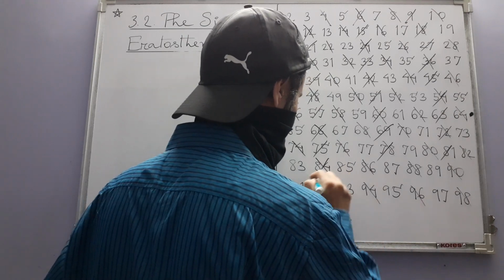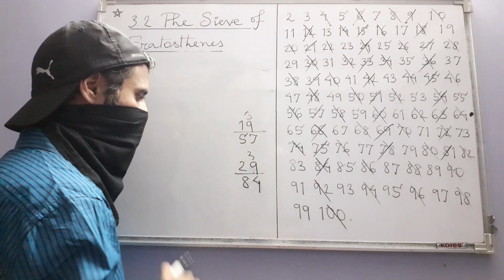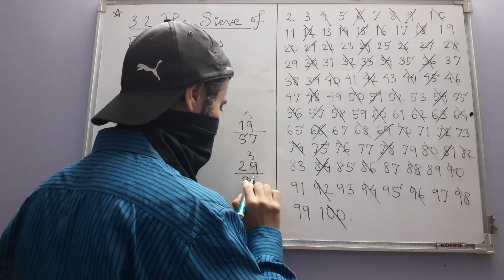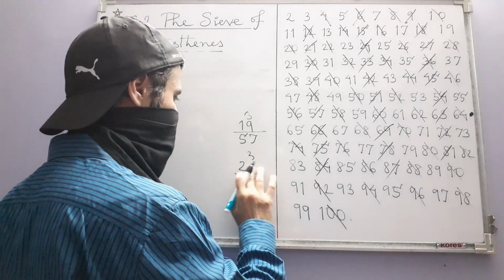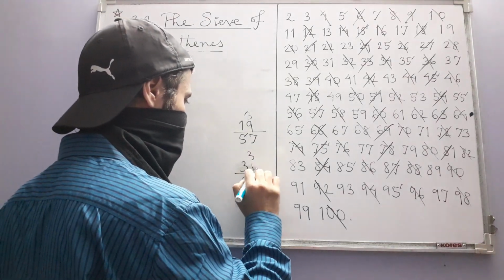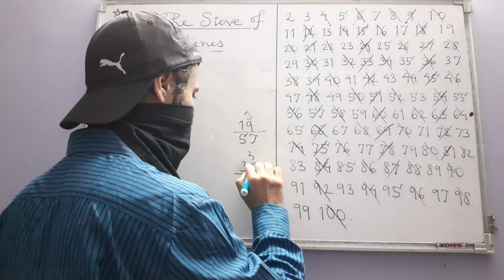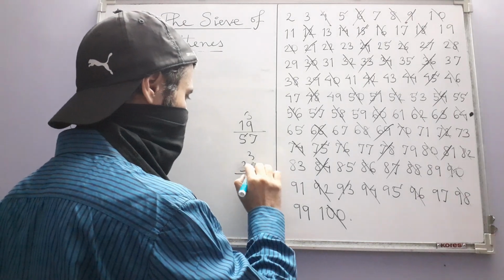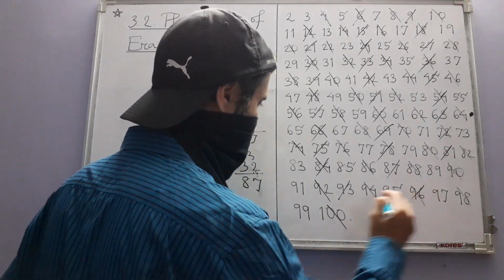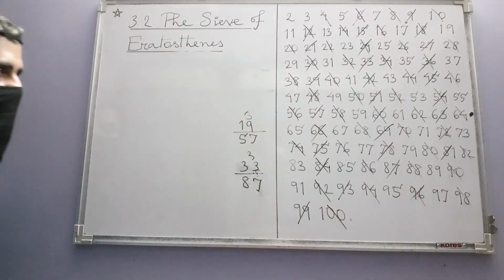84. I hope I am doing it correctly. Okay, we will see ultimately. 87, 30 is 90, of course, then 31, 93, 32, 96, 33, 99.